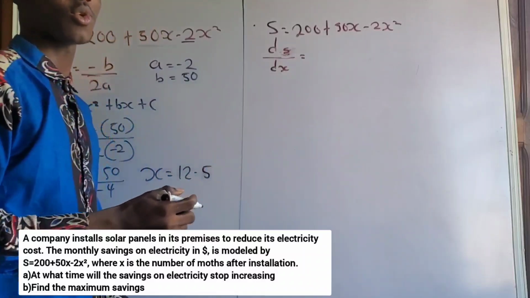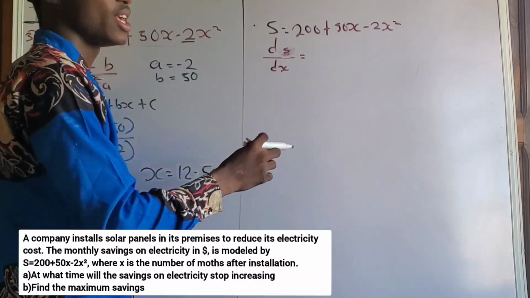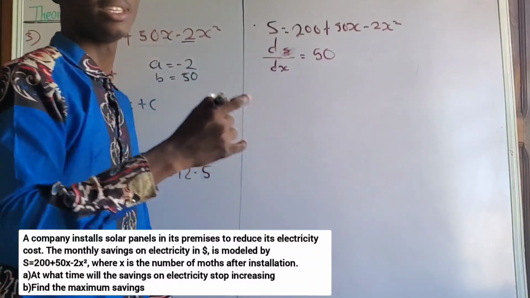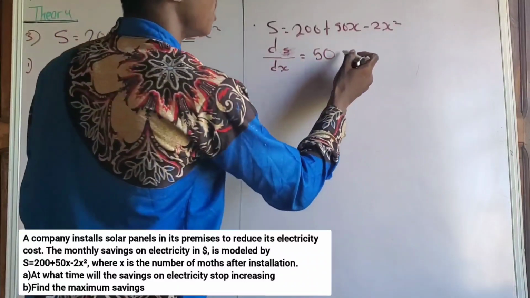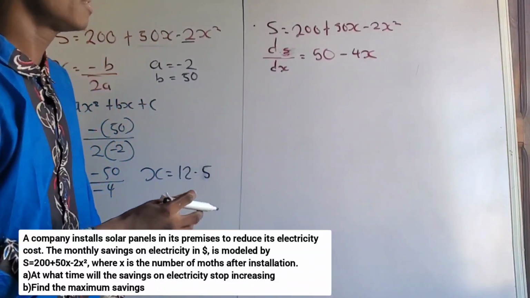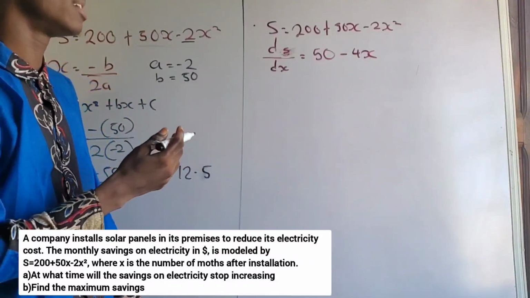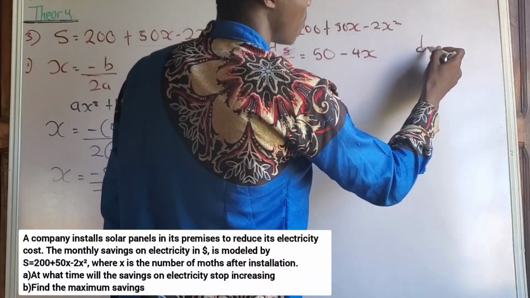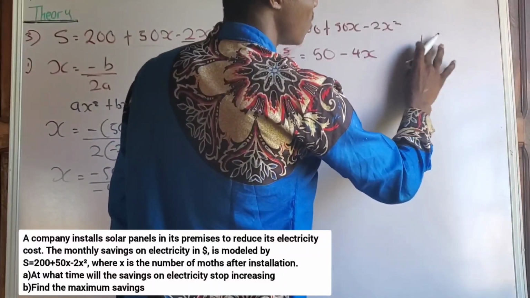If you differentiate a constant, you're going to have 0. If you differentiate 50x, you're going to have 50. And if you differentiate negative 2x squared, you're going to have negative 4x. Do you get it?